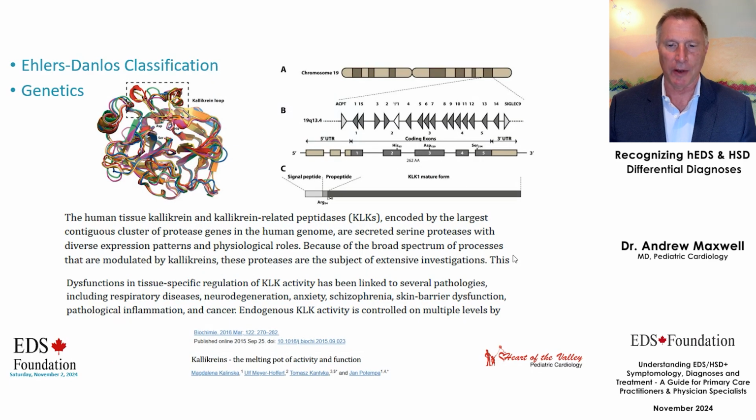What they found is that there seems to be rare pathologic variance in the kallikrein gene, which encodes for kallikrein-related peptidases, which are a broad spectrum of serine proteases that have diverse functions and diverse physiologic roles throughout the body, and would potentially explain the diverse presentations of patients with hypermobile Ehlers-Danlos syndrome.